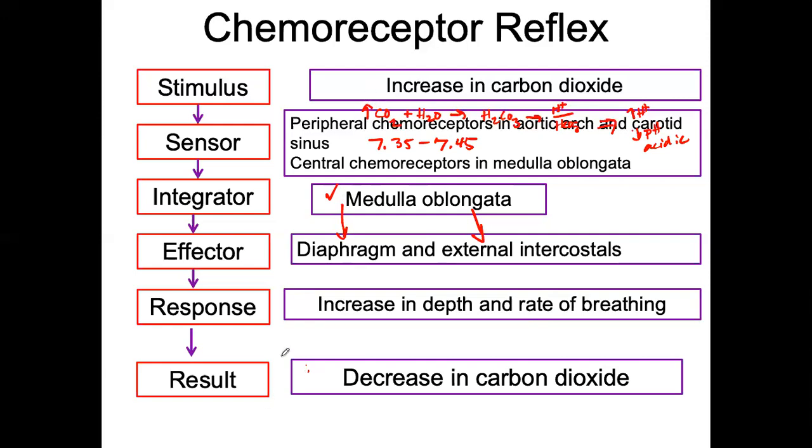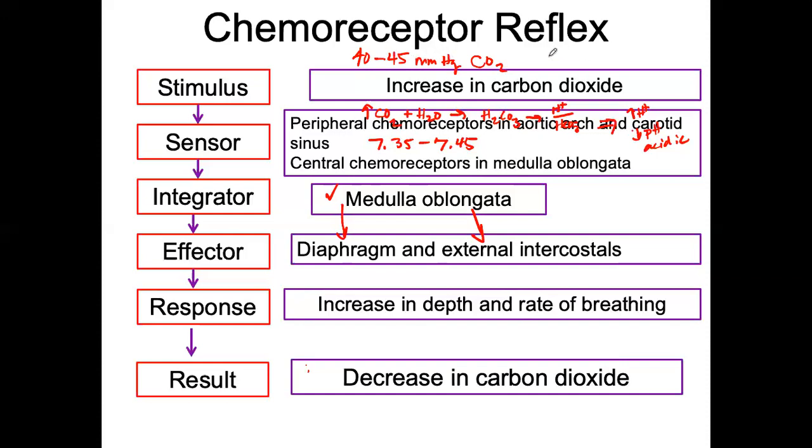You can play with CO2 levels in your blood. So CO2 levels usually are around 40 to 45 millimeters of mercury, okay, for CO2. That's the range for CO2.